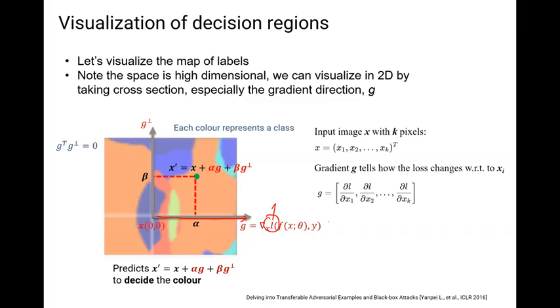That means moving along G will probably give you the largest change in loss, and it will have a higher chance. I didn't say it must, I just say it is more likely.